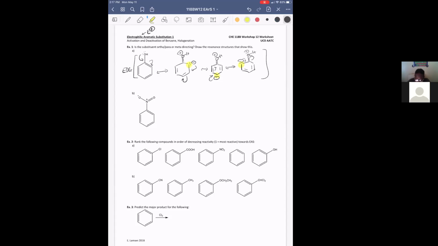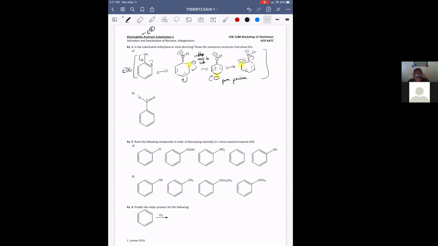The ortho position is next to our substituent of interest, and our para position is directly across, 180 degrees, from it. So this would be our electrophilic aromatic substitution.